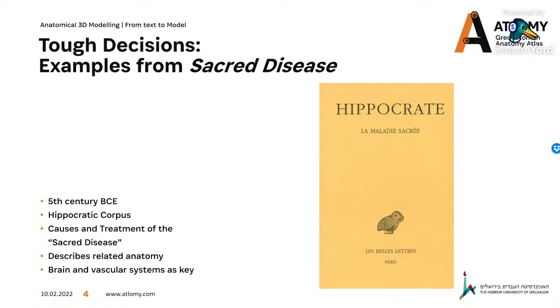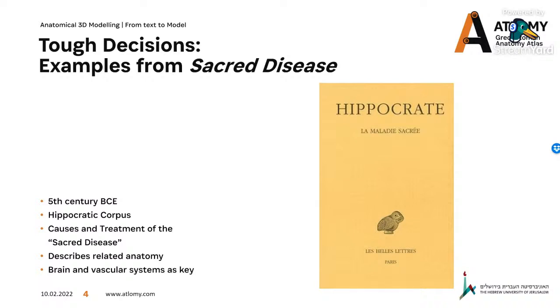A text which is not an anatomical text per se, it's actually a pathological text discussing the disease called sacred, a disease similar to epilepsy. And in the course of describing the causes and treatment of the disease, the author also describes the related anatomy.